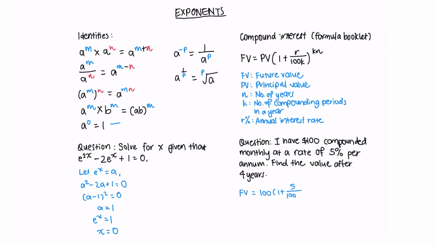We're compounding monthly, which means we're compounding 12 times in a year. And then to the power of k times n. So k is just 12 and n is 4 because we have 4 years. And if we calculate this with a calculator, we'll just get $122.